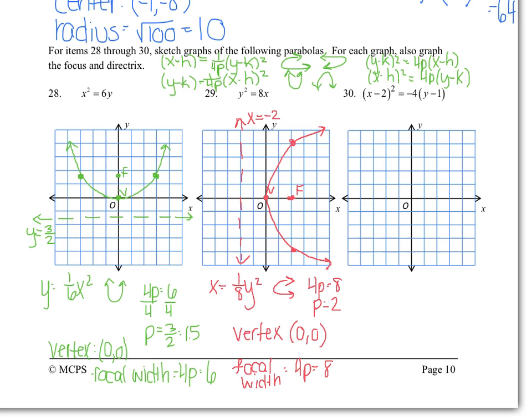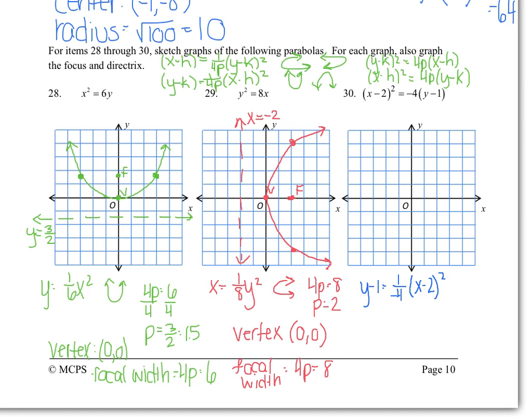Finally, for 30, we have x minus 2 squared equals -4 times y minus 1. If I divide both sides by -4, I'm going to have y minus 1 equals 1 over -4 times x minus 2 squared.